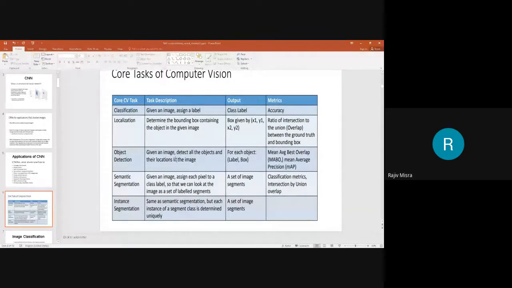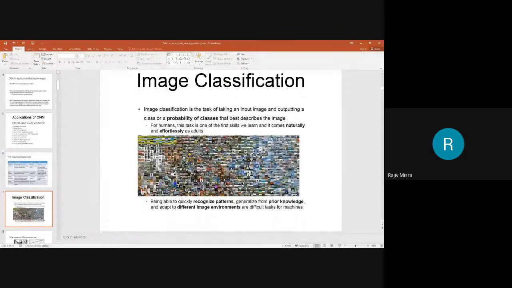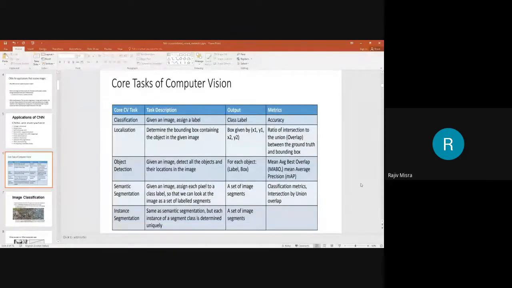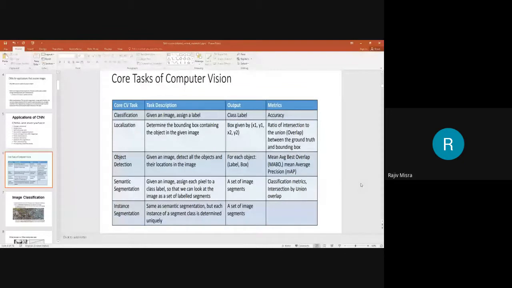Okay, so what I was talking about, let me quickly show all the slides which we have already covered. I was talking about the area called computer vision. In that, the core tasks were classification, localization, object detection, semantic segmentation, and instance segmentation.